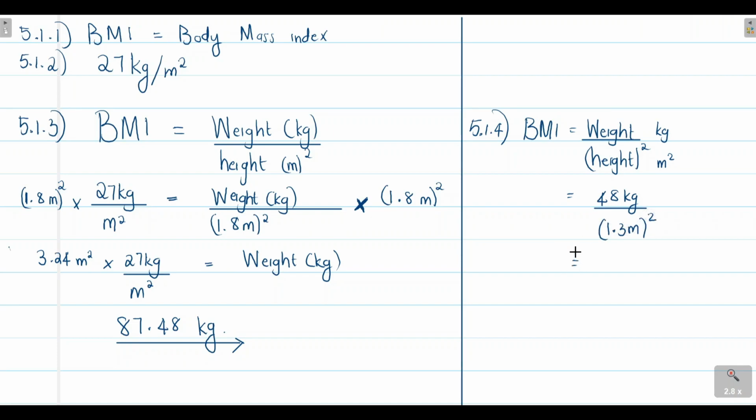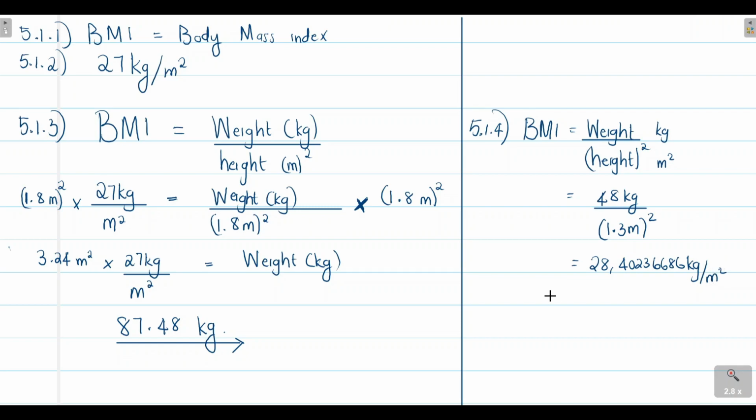If you punch this into your calculator, you'll get that this boy's BMI is equal to 28.40236686 kilograms per meter squared.